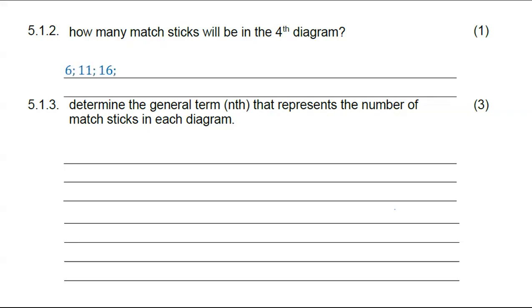So far, we know the matchsticks in the first 3 diagrams. And for 5.1.2, how many matchsticks will be in the fourth diagram? You will notice that here we keep on adding 5. You will take the third term and just add 5. When you add 5 to the third term, what are you going to get?